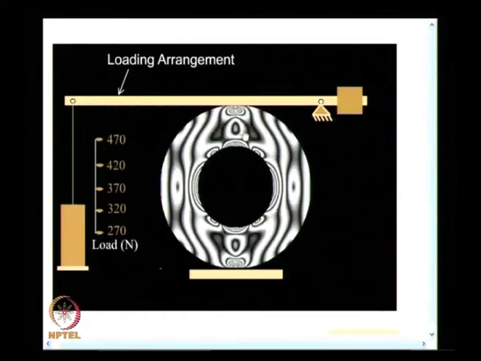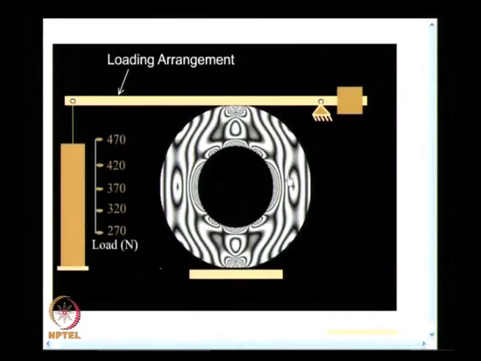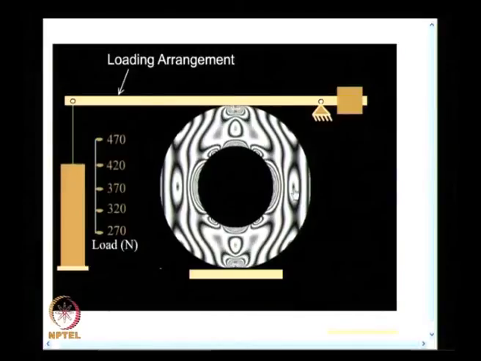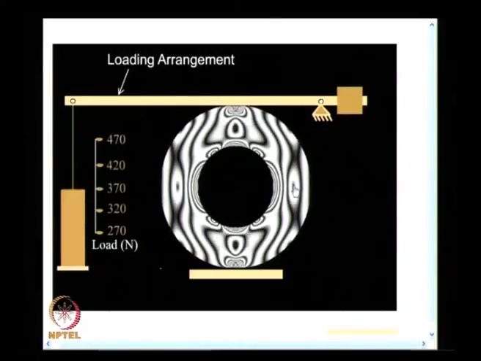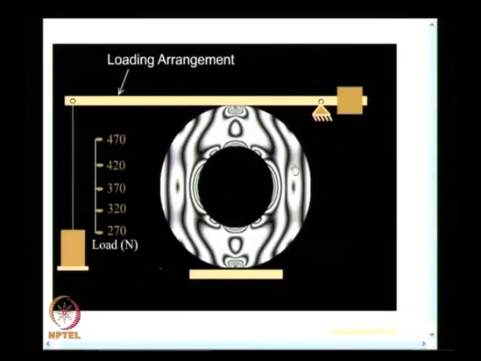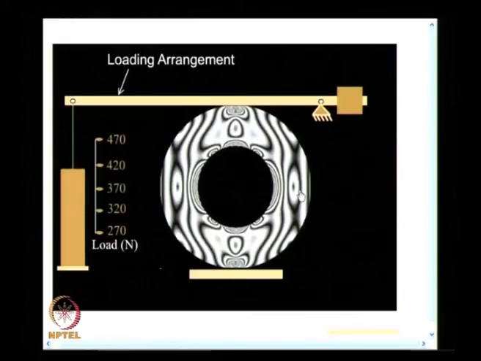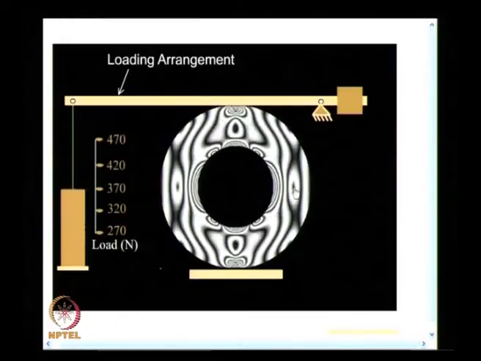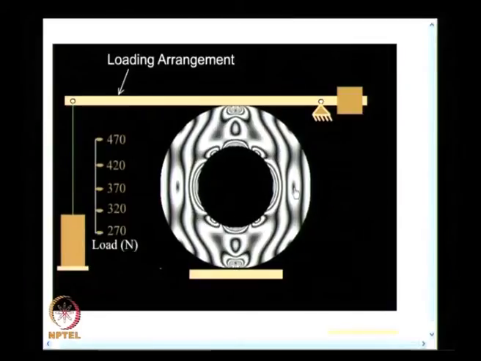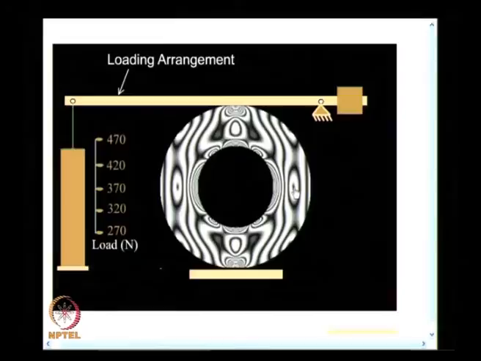And I also caution that you have a fringe that vanishes here and you have another situation where this fringe does not vanish, it remains in its place, and as the load is increased, the density in its neighborhood increases. And I had also mentioned that such a fringe is essentially a zeroth fringe order, it does not move as a function of the load application. And we would find out this identification of zeroth fringe order by other methods also.